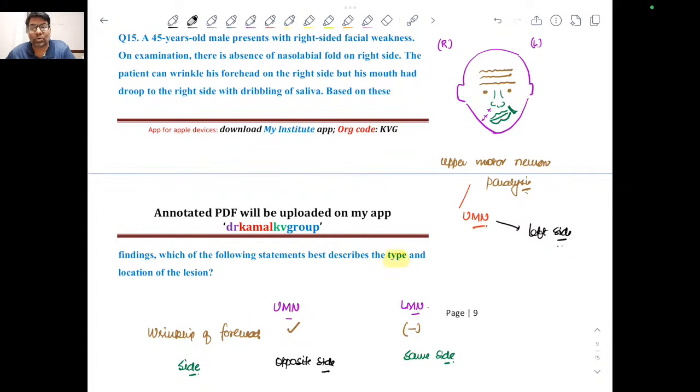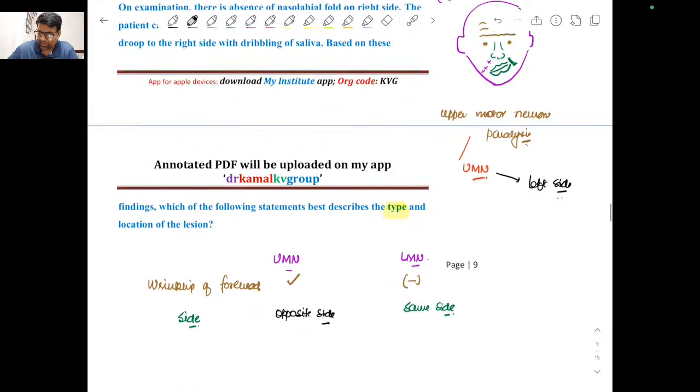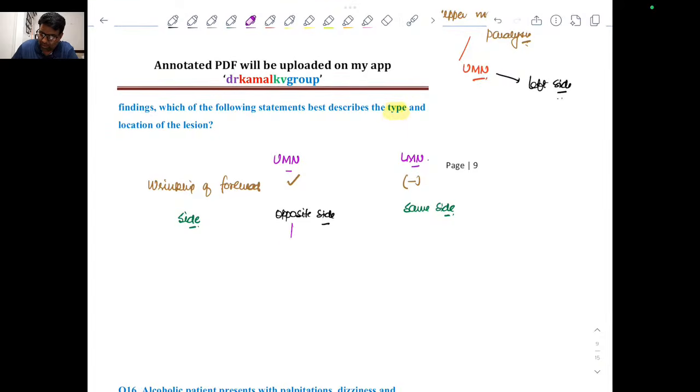Left side upper motor neuron lesion, and the manifestations are on the right side. So is that clear? So here what we will write? Contralateral. And here it is ipsilateral, right? So that is how you should differentiate upper motor neuron facial nerve palsy or lower motor neuron facial nerve palsy. Clear? So facial palsy, upper motor neuron, facial palsy, lower motor neuron.